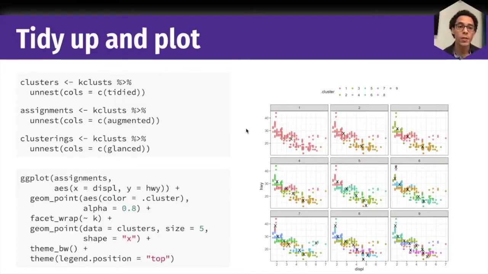We are using 3 different objects, clusters, assignments, and clusterings, and then using ggplot and the functions that we know already, in this case a scatter plot, and we're also using the facet_wrap function, and then using the geom_point function to plot 2 things: the different cars represented by a point in the space created by highway and displacement, and then their color based on their clustering assignment.